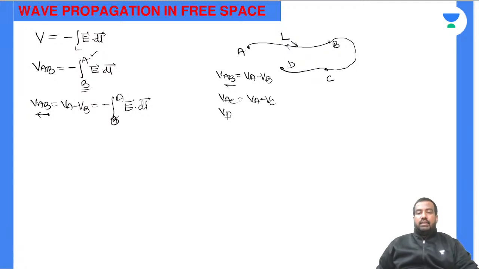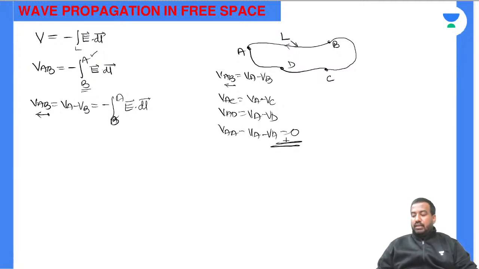A and D, VAD is VA minus VD. A and A, VA minus VA, is 0. That means what? When I close the loop, you get 0 potential.